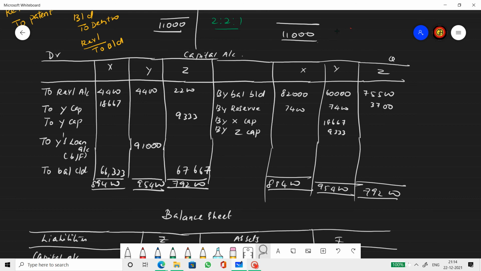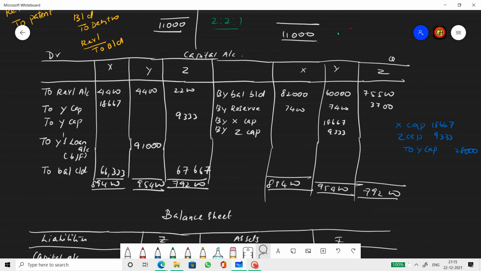Then this is the posting of the goodwill journal. Now, I would like to repeat the goodwill entry on the side so that you can relate it easily. It was X's capital, Z's capital to Y's capital. This was the journal entry I passed. So the amounts are 18,667, 9,333 and 28,000 altogether.